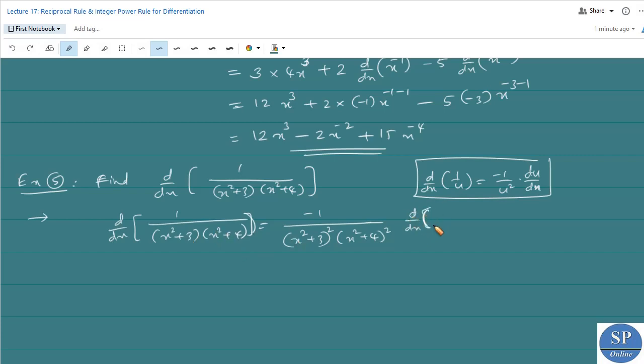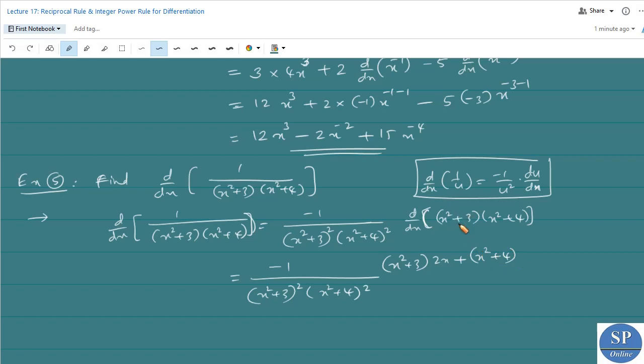So d by dx of the product of these two functions, that is x square plus 3 into x square plus 4, is equal to minus 1 by x square plus 3 whole square into x square plus 4 whole square into d by dx of this. Here we have to apply the product rule. So x square plus 3 into derivative of x square plus 4, that is 2x, plus x square plus 4 into derivative of x square plus 3, that is also 2x.